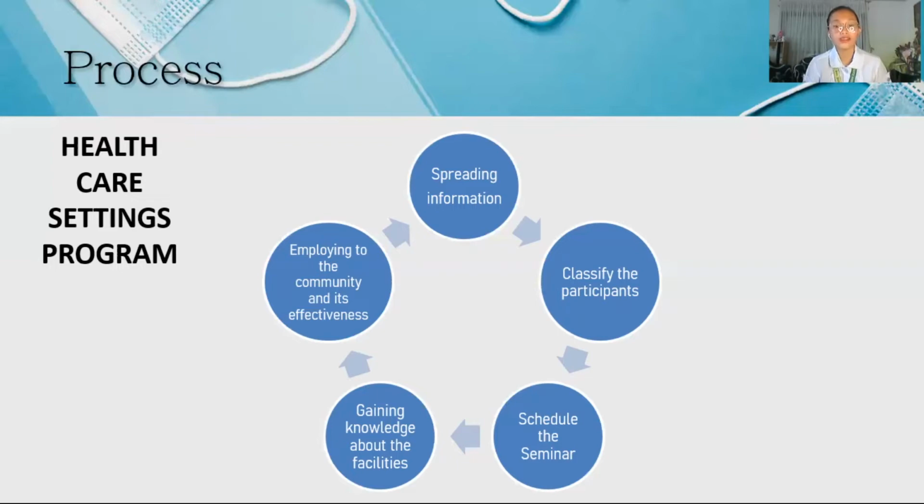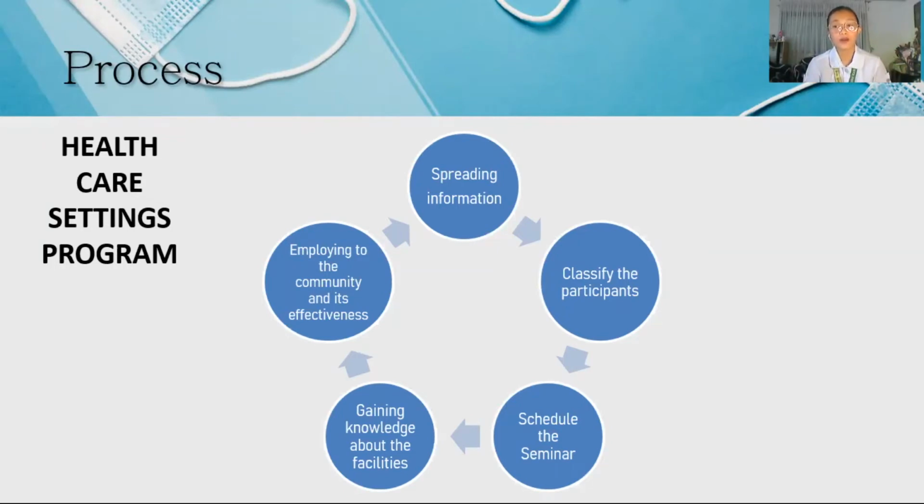The fourth step is gaining knowledge about the facilities. This is where the seminar occurs, in which the speaker explains the importance and information of healthcare settings. It includes who they will contact and where they will go if there is an emergency situation or one of their family gets sick.